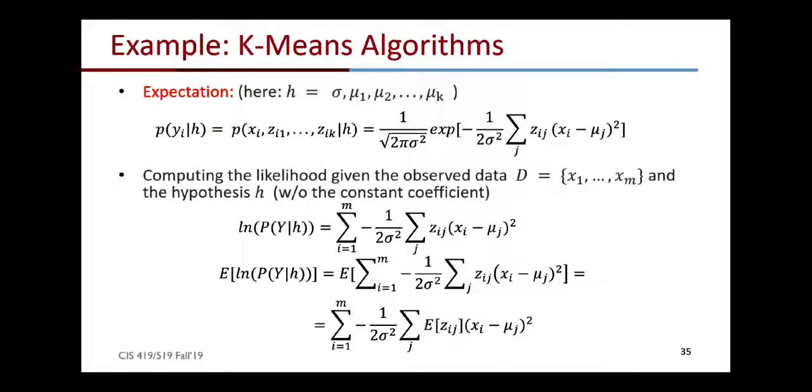I haven't changed anything. This is just notation, and I can write it this way. Here is the advantage of using the zij. I don't know which mu j to write there, right? So I'm basically summing over all the zij, sum over j of zij, and therefore only one of them is going to survive here, and the rest will become 0.